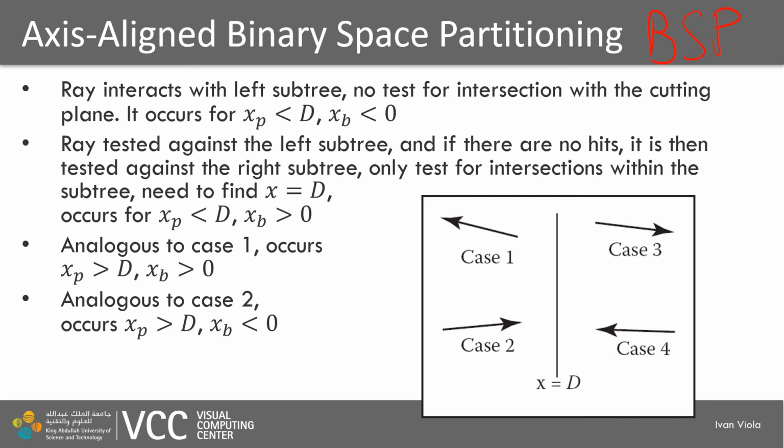And here we have 4 scenarios we should consider, given a particular binary partitioning on any level within our hierarchy. So we have a case where our ray is going away from our partitioning element, should it be a line or a plane, and it is starting within the left child.